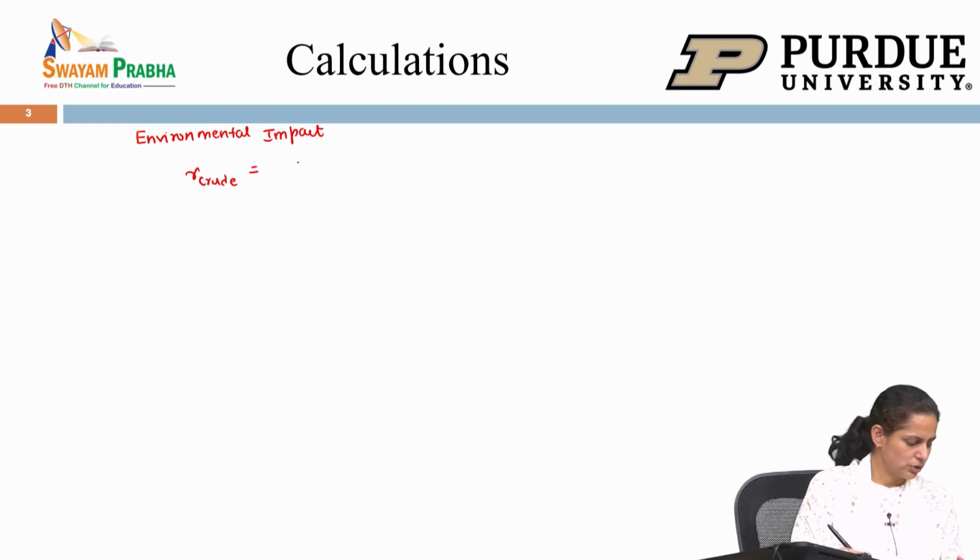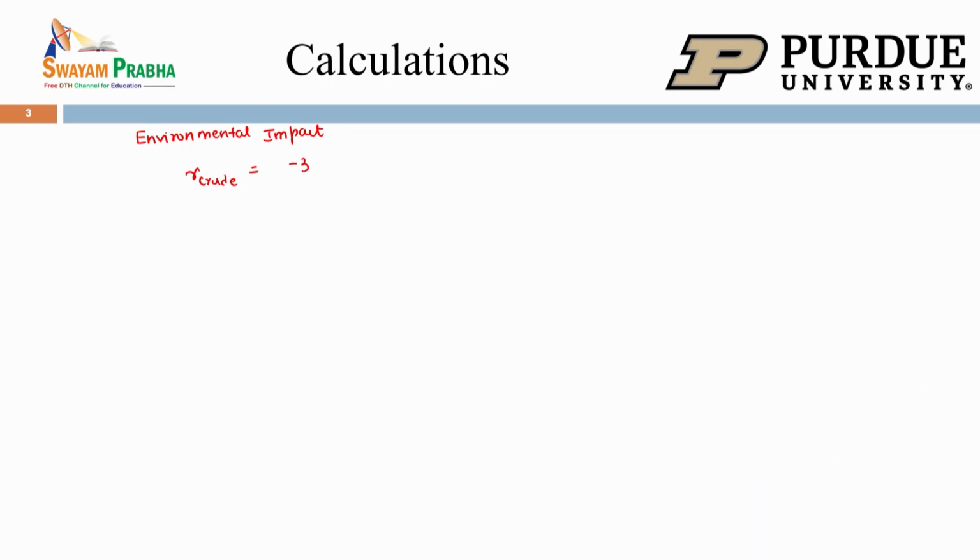Crude oil consumption, R crude, will be minus 300 times S1. CO2 is 60 kgs times S1 from the first process and 20 times S2 from the second process, and SO2 is 12 times S1 plus 1 times S2. It is a straightforward equation, and we can write it in matrix form.